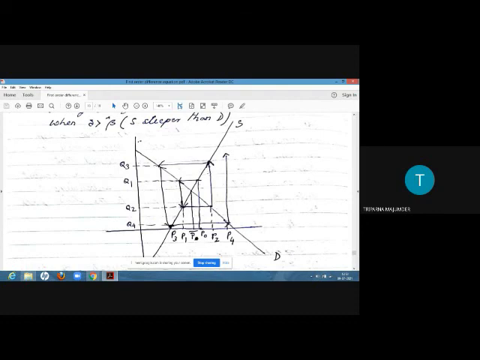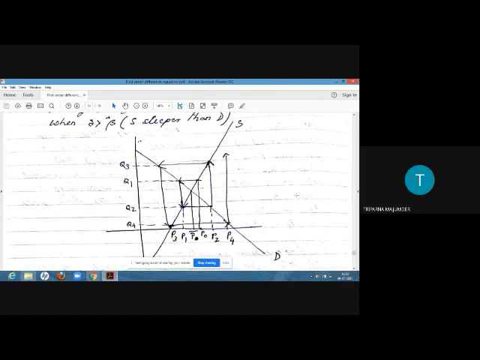So we have a cobweb of this type which is moving away from the equilibrium price P bar. We had started from here, we have moved here, then there, then there, then here, then there, then there. Like this, we are moving away from the equilibrium price. So this is an explosive oscillation since delta, that is slope of supply, is greater than demand.